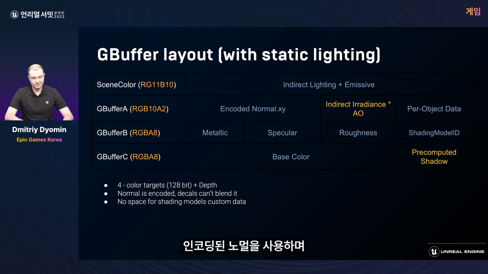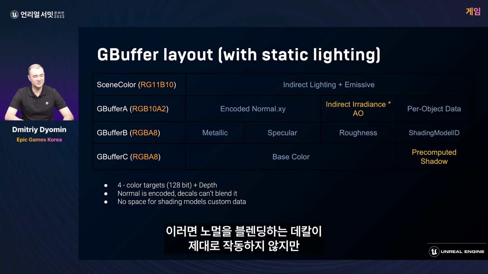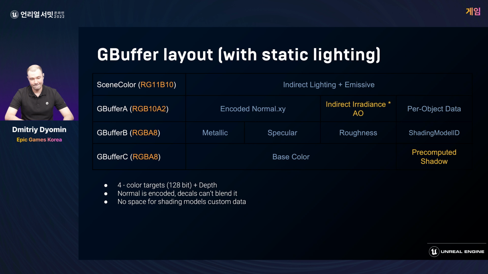We have to use encoded normals to save 10 bits for indirect irradiance. And as I said before, this makes decals that blend normals not work correctly. Overwriting normals is fine, so opaque decals will work correctly here.